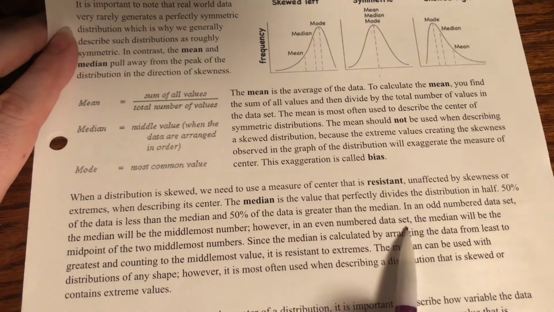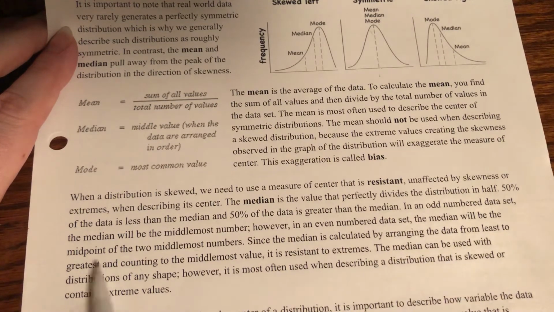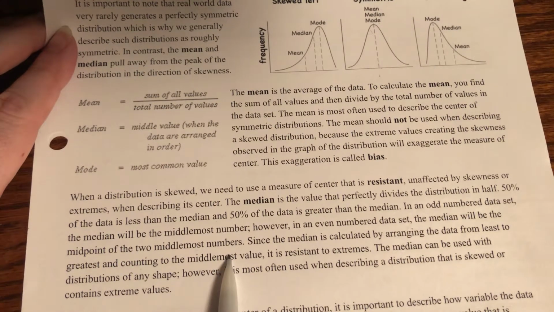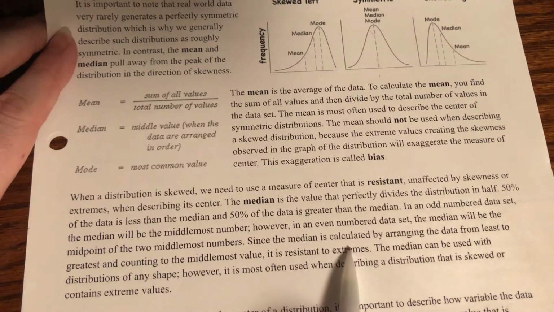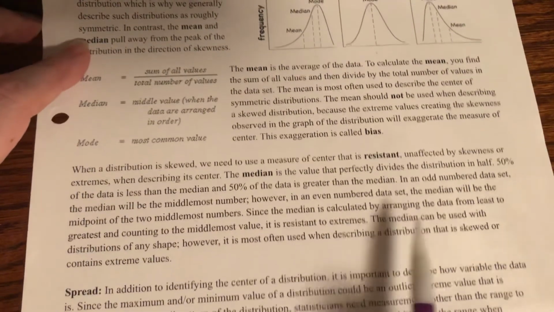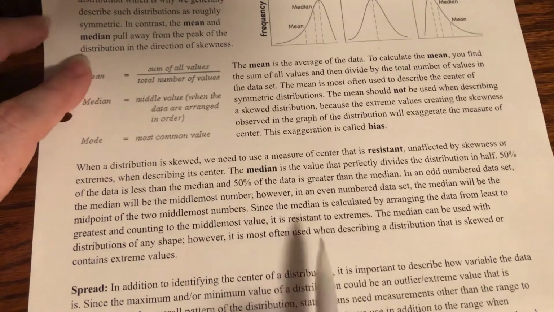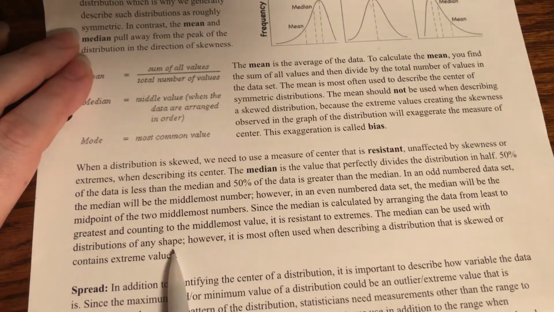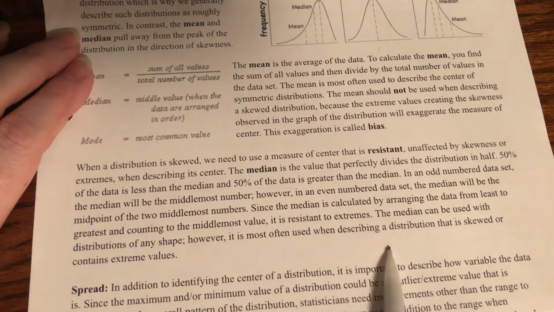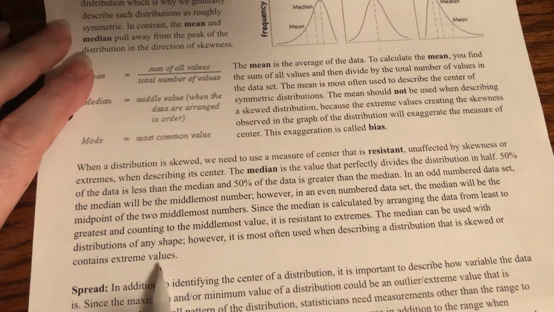However, in an even-numbered data set, the median will be the midpoint of the 2 middlemost numbers. Since the median is calculated by arranging the data from least to greatest and counting to the middlemost value, it's resistant to extremes, meaning it's unaffected by them. The median can be used with distributions of any shape. However, it's most often used when describing a distribution that is skewed or contains extreme values.